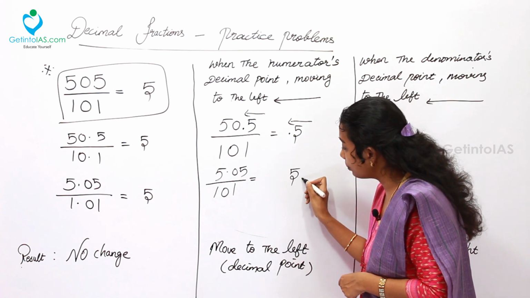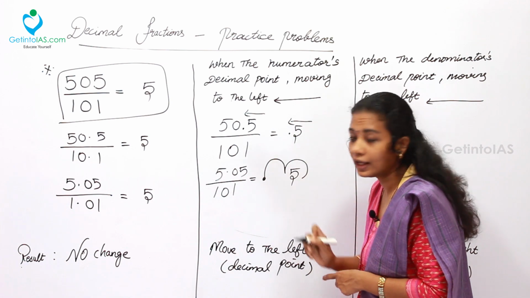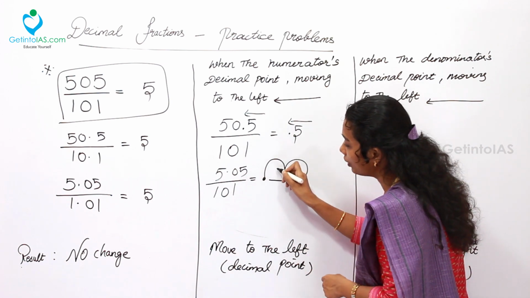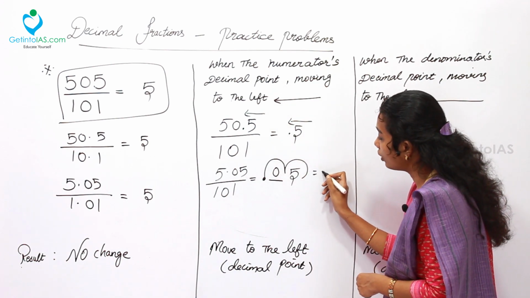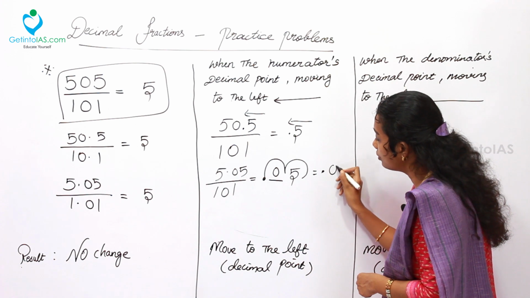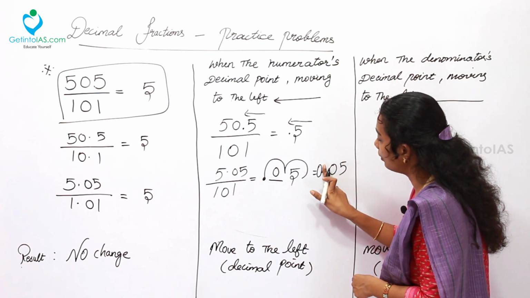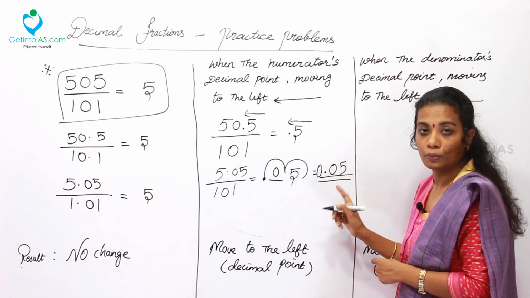Now the decimal point will also move automatically two places, which means the number to be placed over here is 0. So finally the answer for this one is 0.05, because the whole number part is 0, right? So the answer for this one is 0.05.